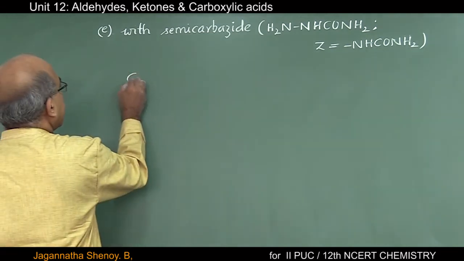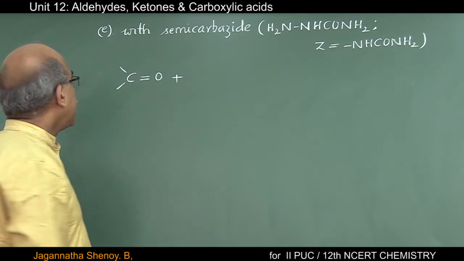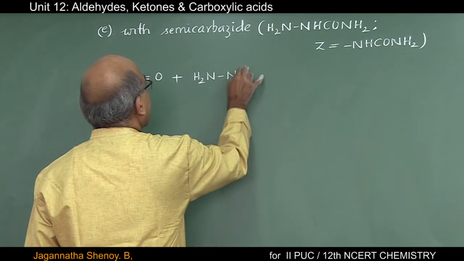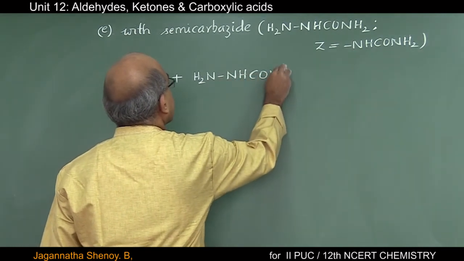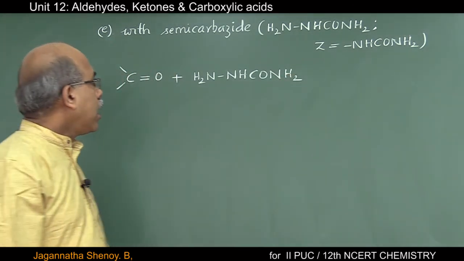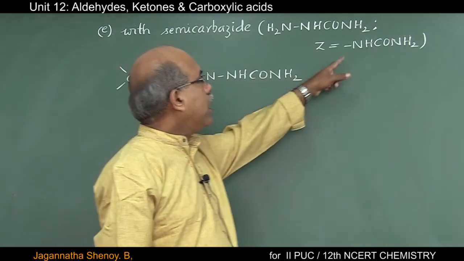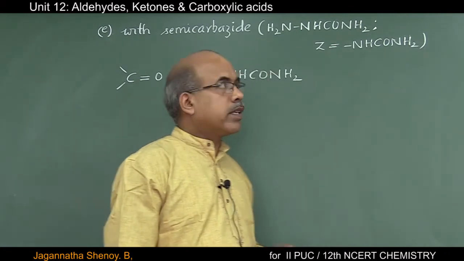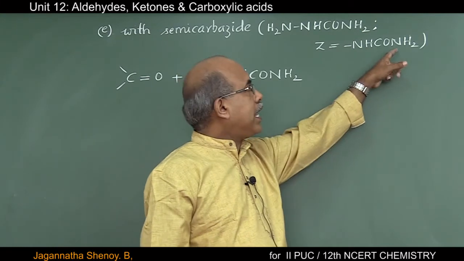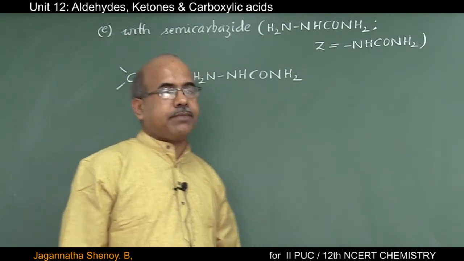The equation can be written very easily, just like the previous cases. It's C double bond O, then we have NH2, thereafter it is NHCONH2. So this is called semicarbazide. If you look at the Z group, what is Z group? NHCONH2. In other words, the basic group here is actually urea. NH2CONH2 is urea, from which I have replaced one hydrogen atom.